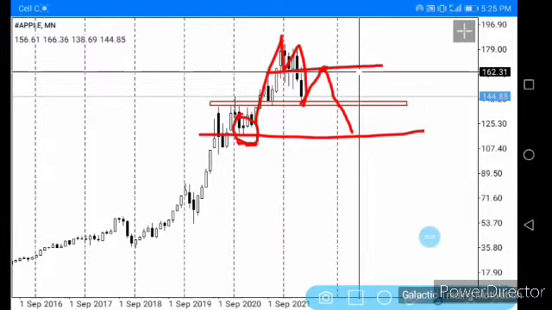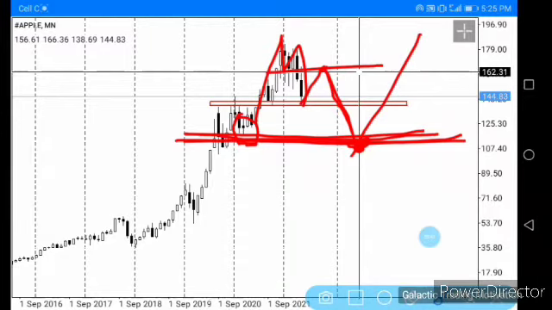So this tells us that at this level we have a whole lot of liquidity sitting there, and at one point or another price has to come down to trigger that liquidity, and that's maybe when we might see price heading back up in this region.